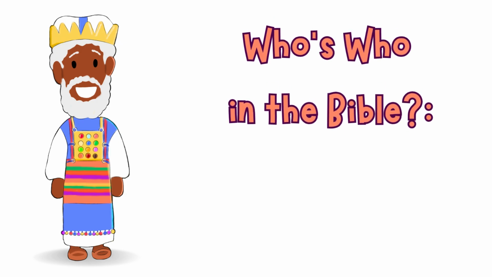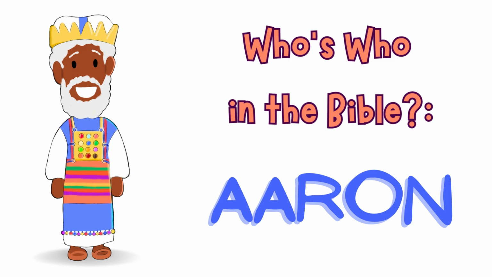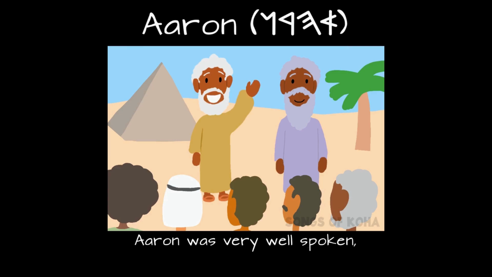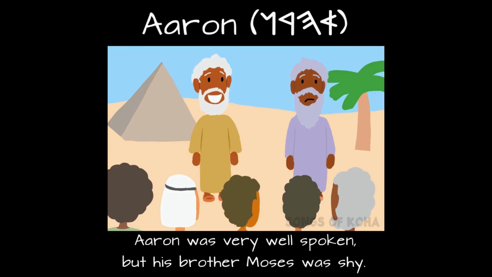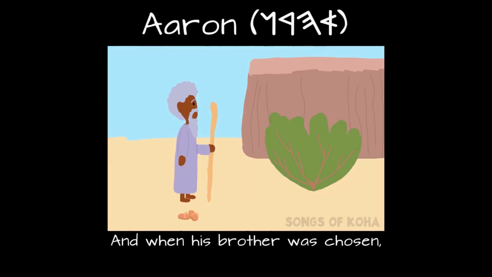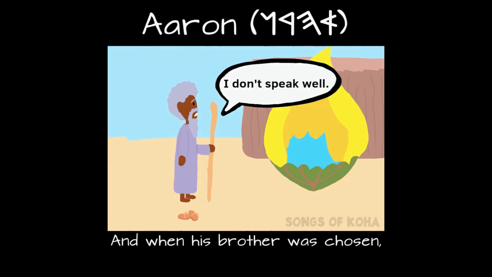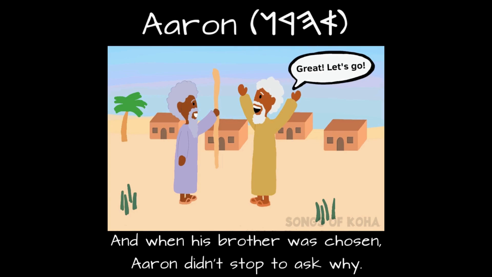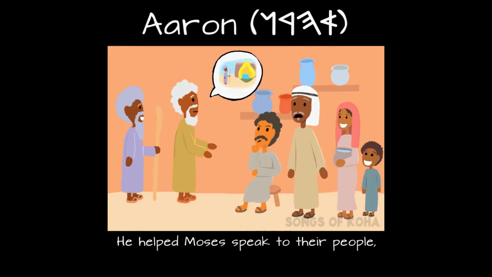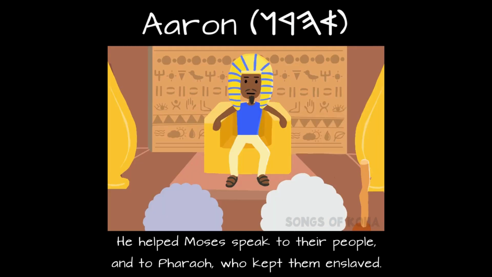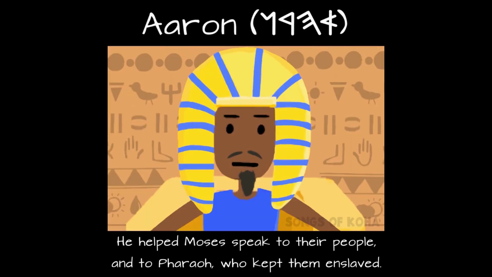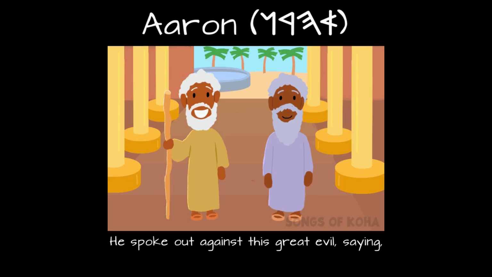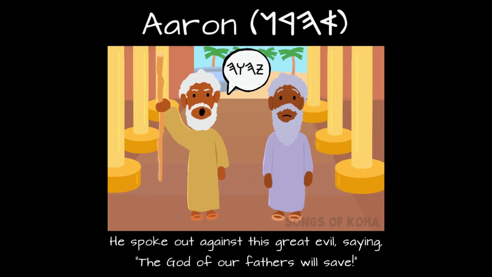Who's who? Aaron. Aaron was very well spoken, but his brother Moses was shy. And when his brother was chosen, Aaron didn't stop to ask why. He helped Moses speak to their people and to Pharaoh, who kept them enslaved. He spoke out against this great evil, saying, "The God of our fathers will save."